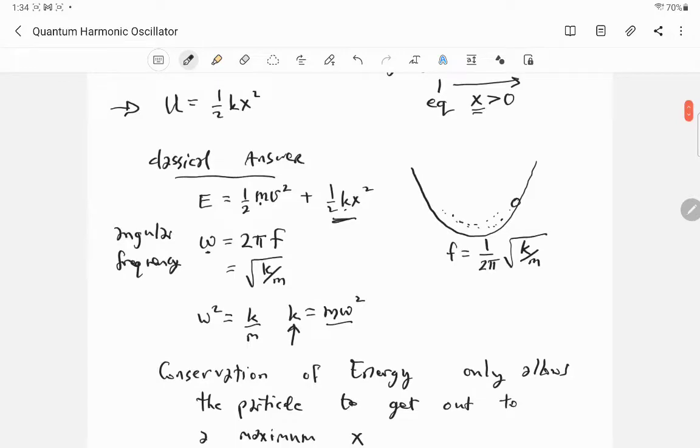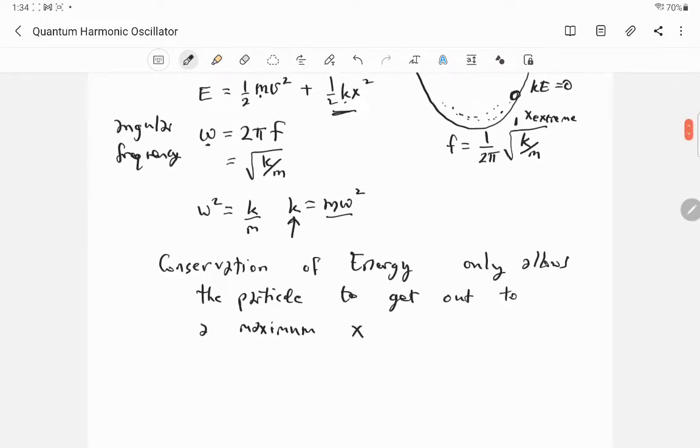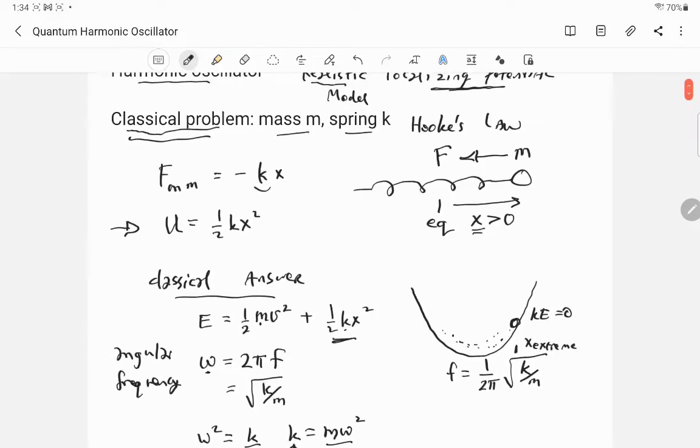Because when that particle gets to that maximum x extreme, it runs out of kinetic energy, because all of the energy is associated with its potential energy.